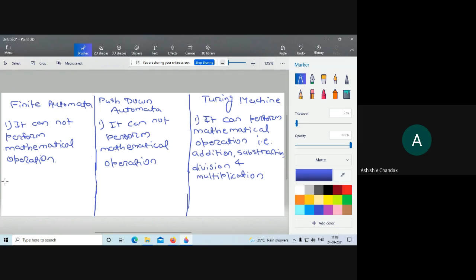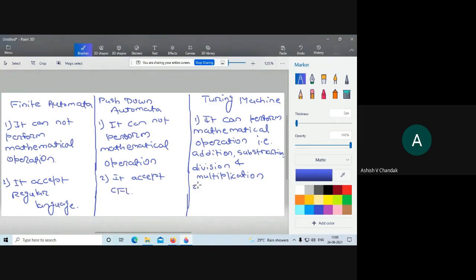Then the second difference: finite automata accepts regular language. Pushdown automata accepts context-free language, CFL.